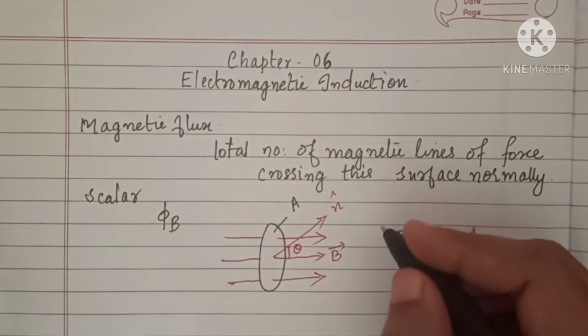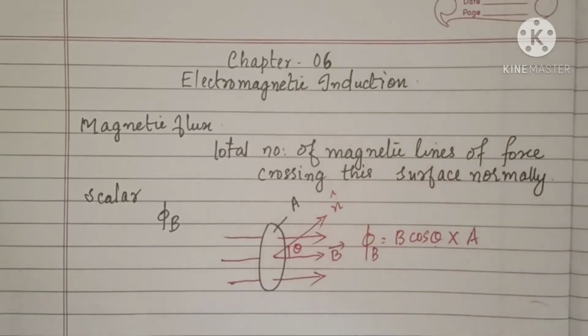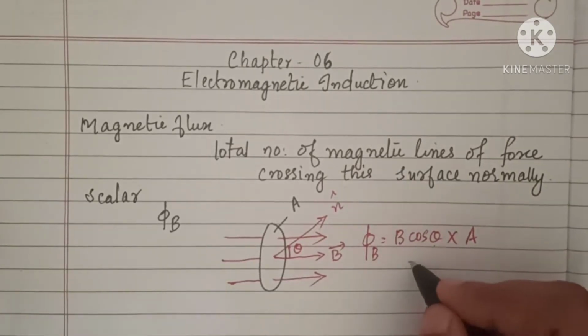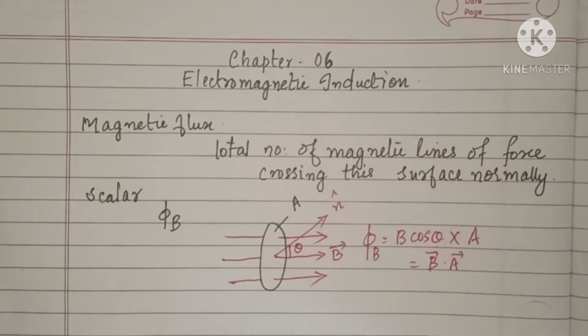The expression for this flux phi is equal to B cos theta into A, or you can write it as B dot A. Once again, magnetic flux is the total number of magnetic lines of force crossing a surface normally.